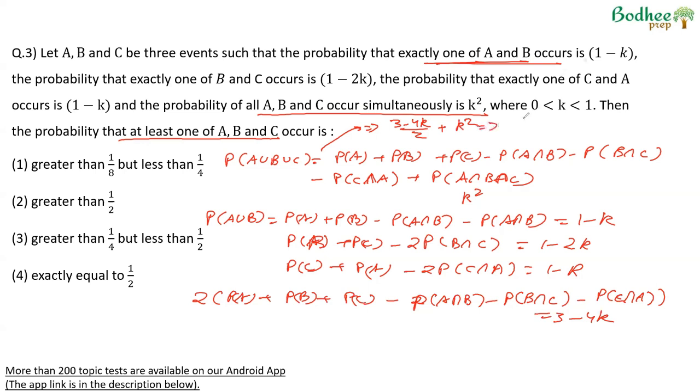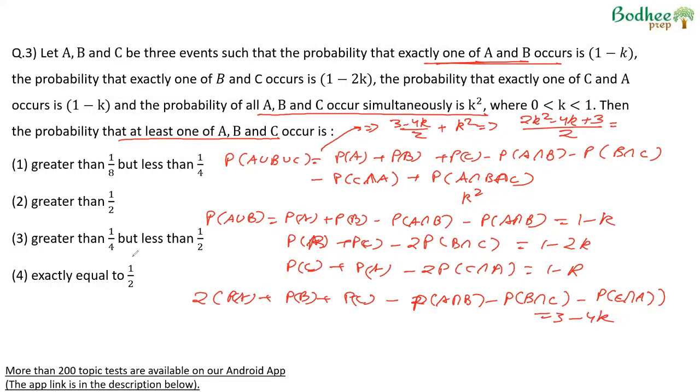This can be written as 2k square minus 4k plus 3 by 2, which is nothing but, solving this further, 2 into k square minus 2k plus 1 plus 1 upon 2, which is 2 into k minus 1 whole square plus 1 upon 2, or k minus 1 whole square plus 1 by 2.